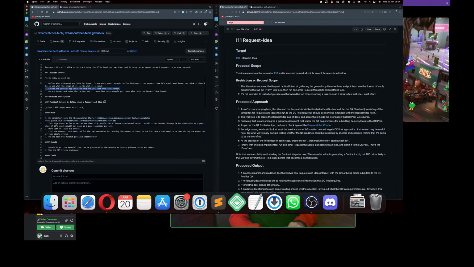However, it does address tactical intent 1. That's good enough for us to escrow against idea 11, and it will partially close R10 in our view. Whether we want an I13, I14, or whatever to do the other ones will be down to ideas being generated and going through the QA process. But the important thing is the head mark is fixed. By pulling the request into the pool, we're saying this is the request. This is R10 as we see it.